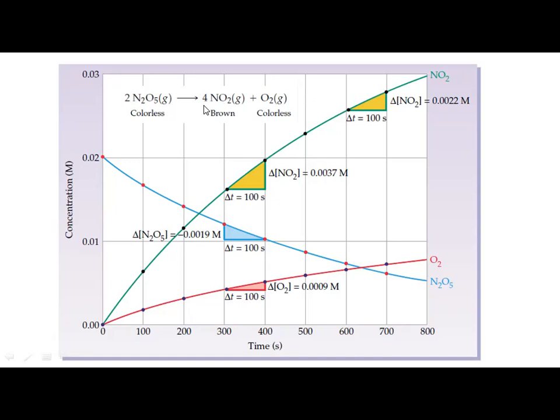NO2 is 4 times more as compared to the oxygen, and this will remain the same. Whatever concentration you use at the start, you will get NO2 4 times more as compared to the oxygen. Or you can say you will get oxygen 4 times less as compared to the nitrogen dioxide.